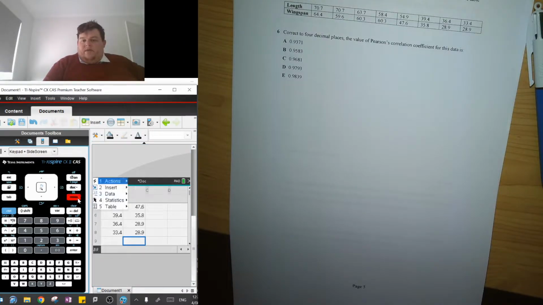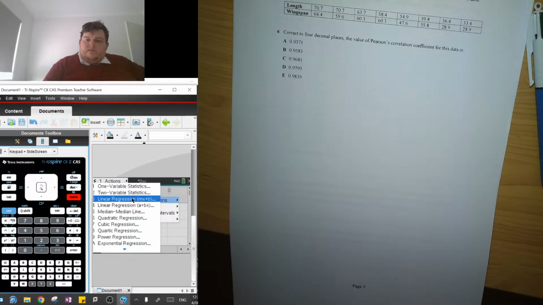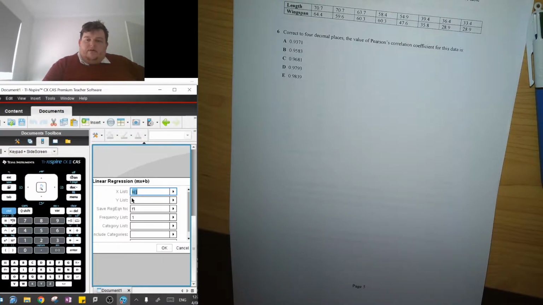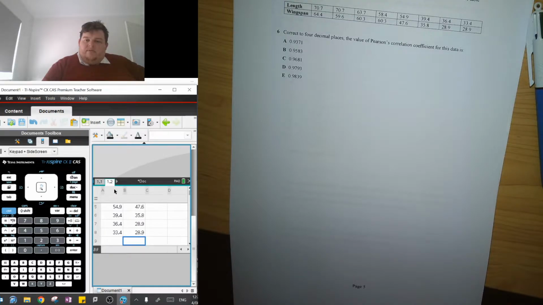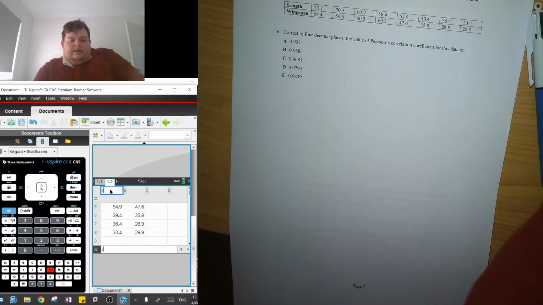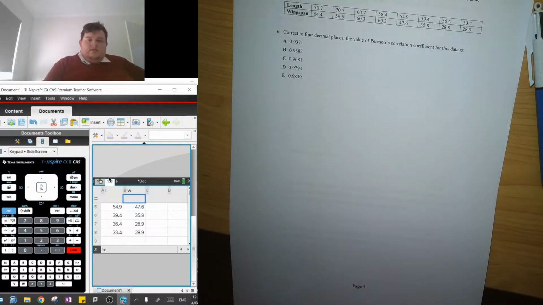Now to find the correlation coefficient, we go Menu, Statistics, Stat Calculations. We want to find our linear regression. I didn't give these any names. Whoops. This is length, let's call it L, and wingspan W. Let's try that again.